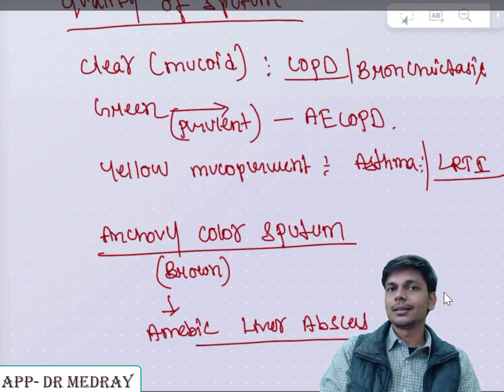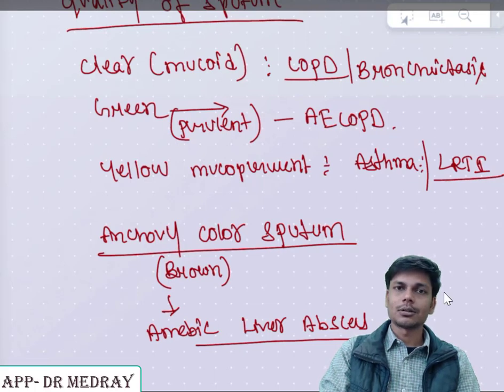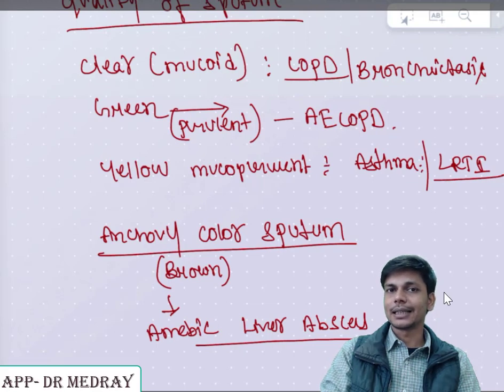So what happened then? The little amount of effusion that was present, we tapped in the casualty itself, and it came out to be brown colored pus. On palpation of the abdomen, we found hepatomegaly. So it confirmed our diagnosis: the patient had high-grade fever with a tender abdomen and pain in the right upper quadrant, and brown colored pus in the left pleural cavity.